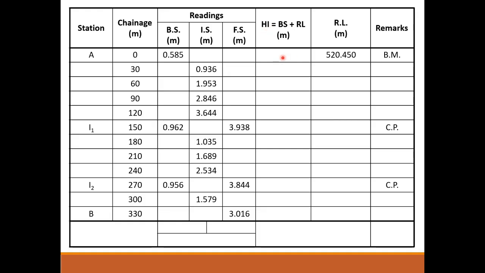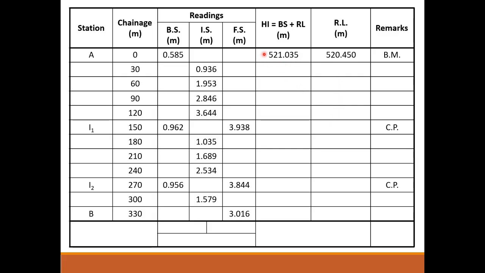So let us start from this. First, calculate the height of instrument. The formula is also written for your convenience. Just add the backsight to the reduced level and you will get the height of instrument. 520.450 plus backsight, which is 0.585, and we will get 521.053. So once we got the value of height of instrument, it is very easy to calculate the reduced levels.